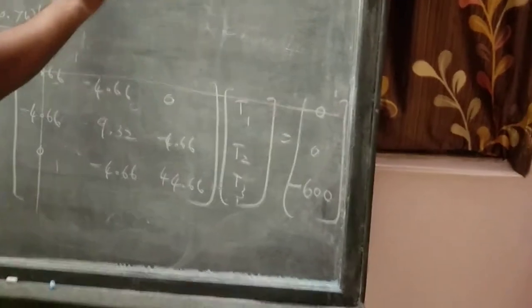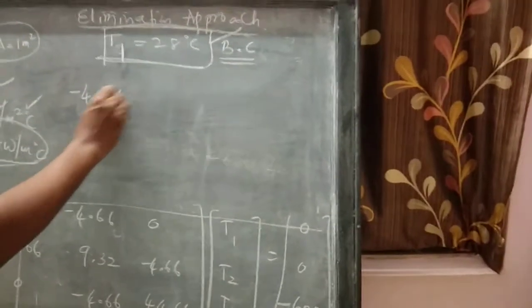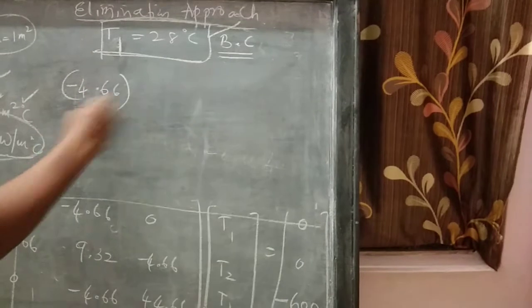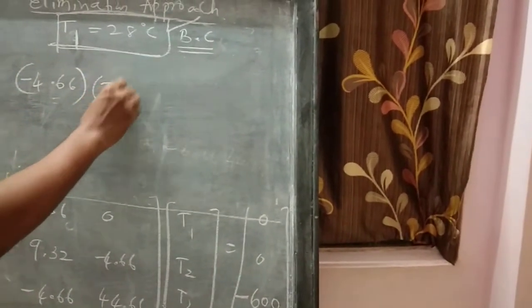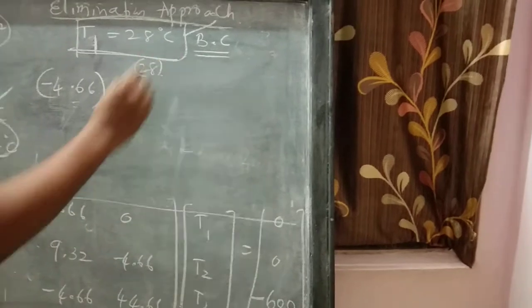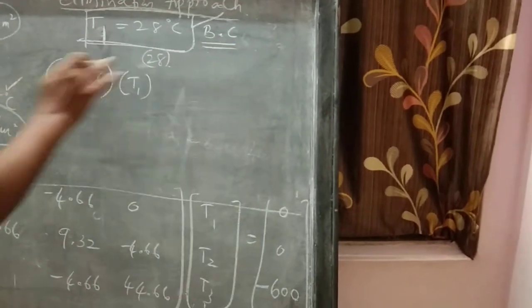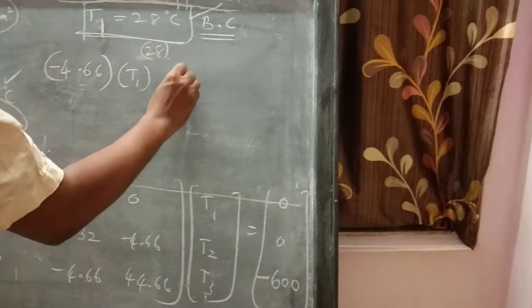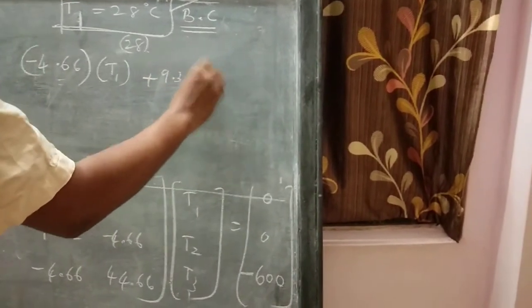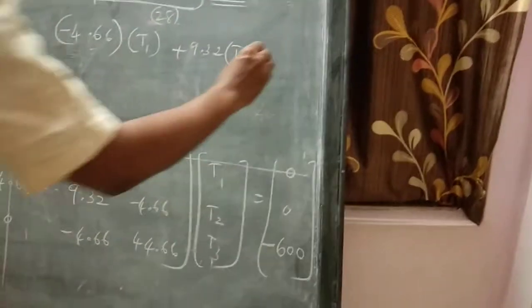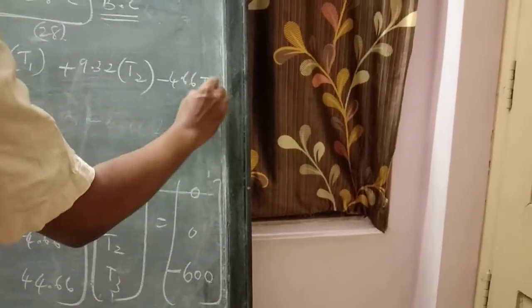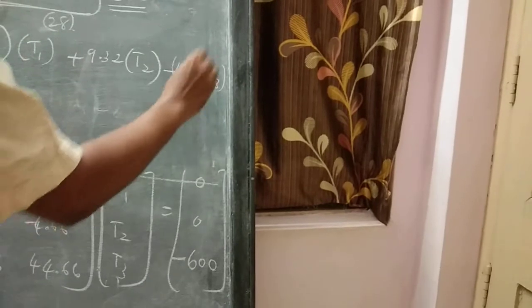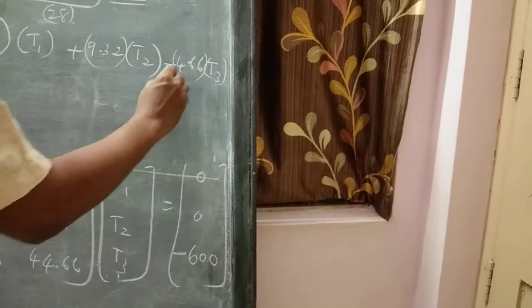Now I will write the remaining two equations. First: minus 4.66 into T1, where T1 is 28, plus 9.32 T2 minus 4.66 T3 equals 0.